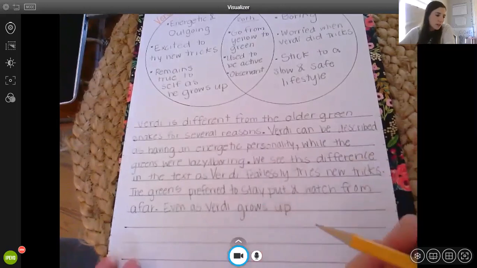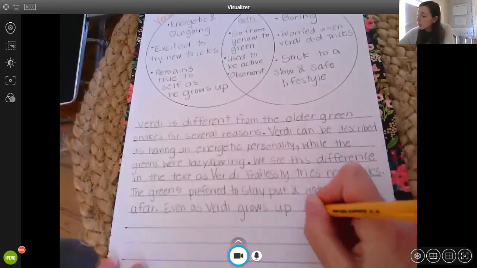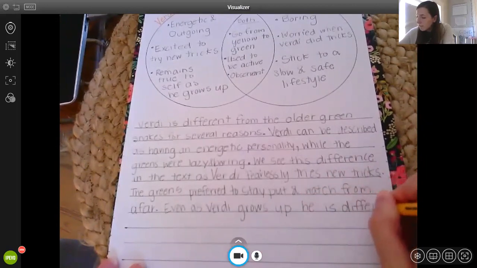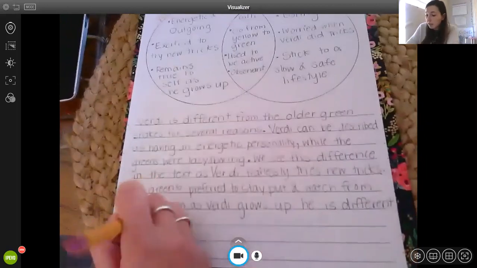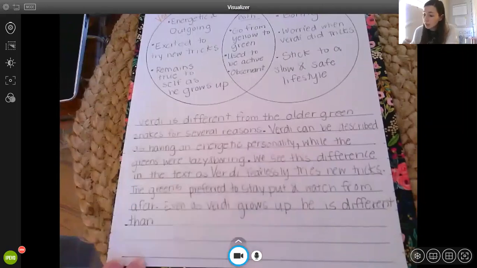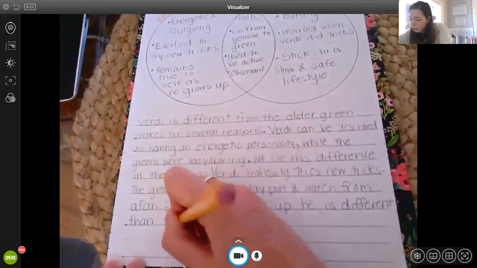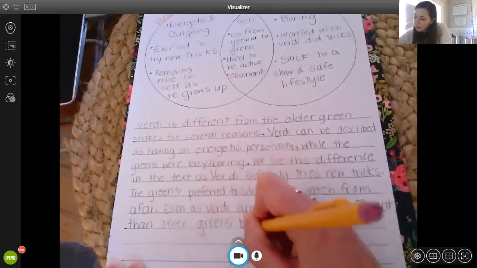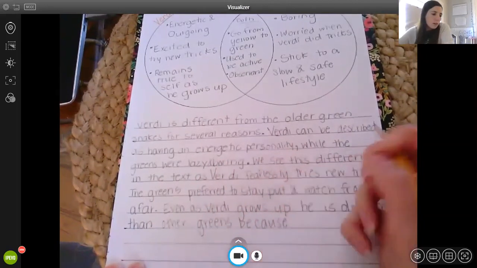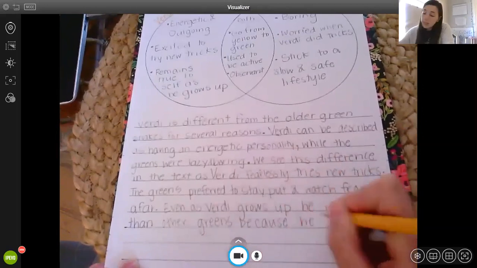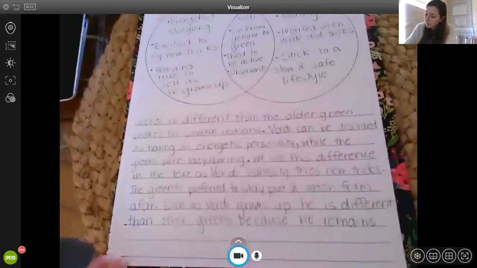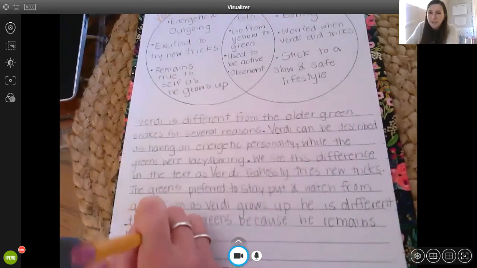So even as Verdi grows up, he is different than the greens, or different than other greens, because he was green at this point too. Because he remains brave enough to show the young yellows his figure 8.